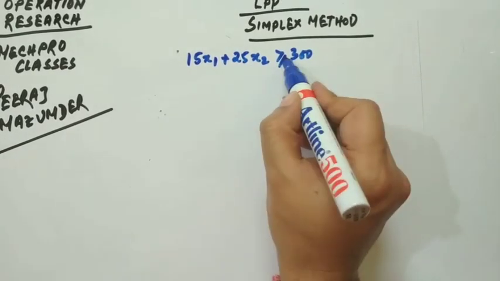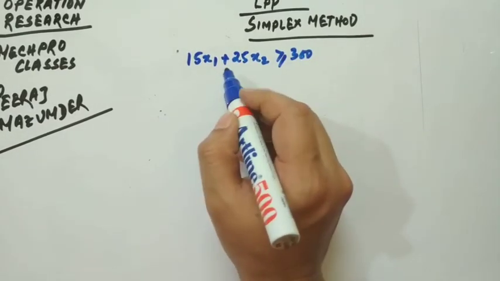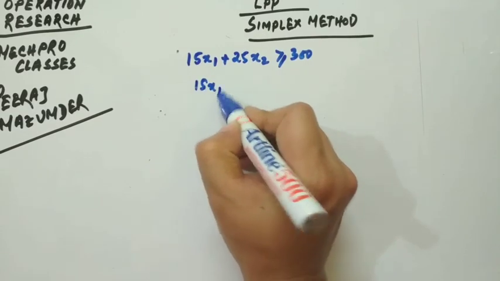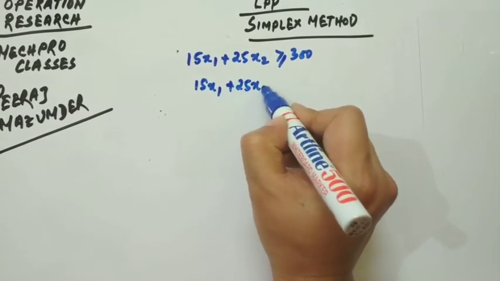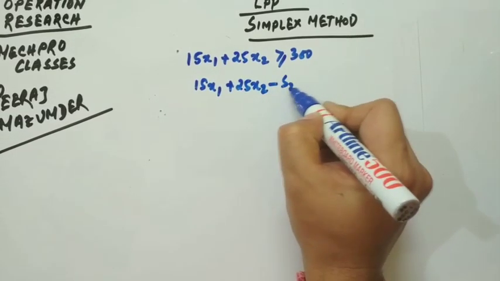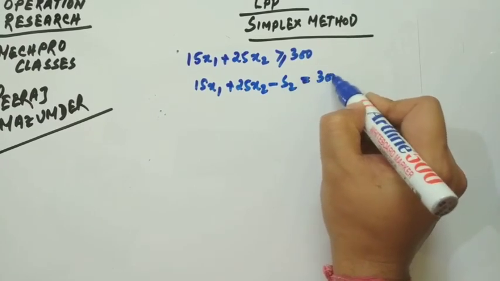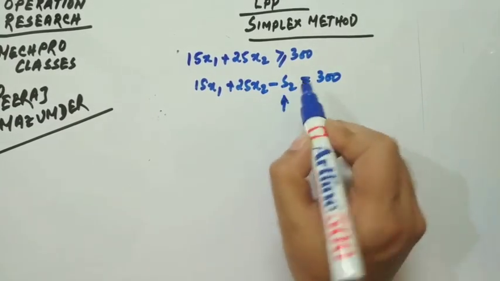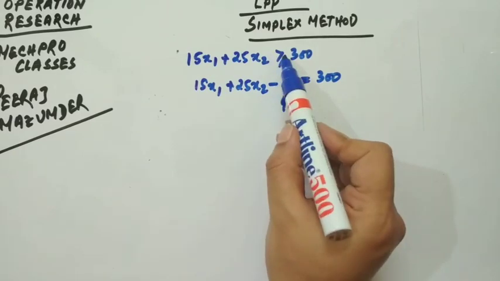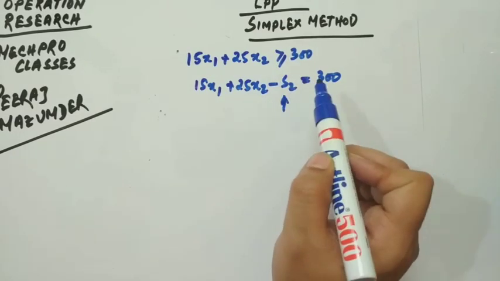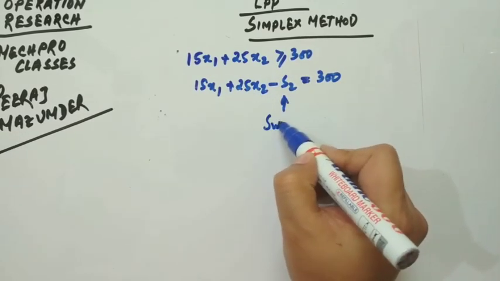In this case we have the greater than or equal to sign. Now 15x1 plus 25x2 minus s2 can be equal to 300. We don't know the s2 value, but as this is greater than, we have to subtract s2. This is known as a surplus variable.